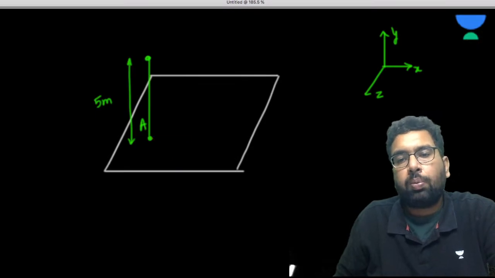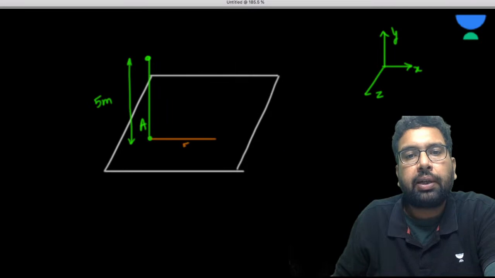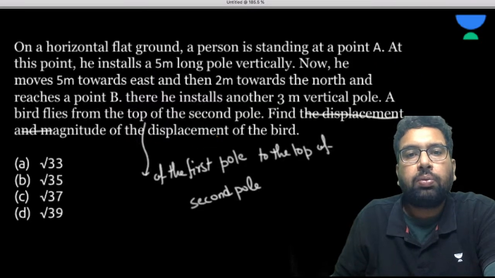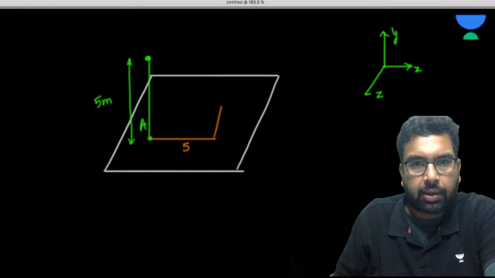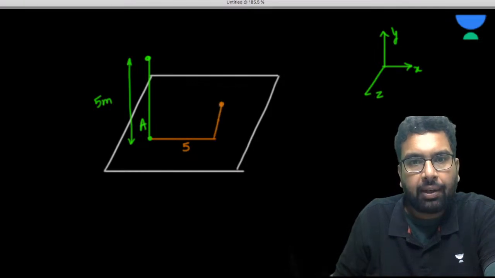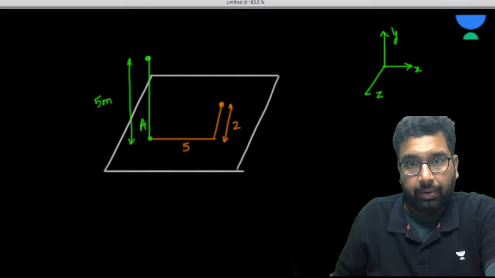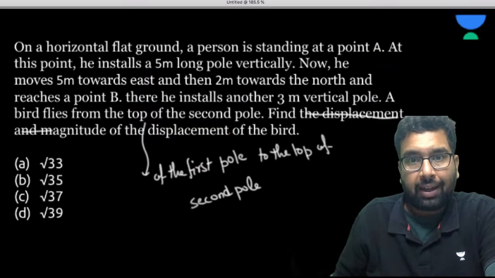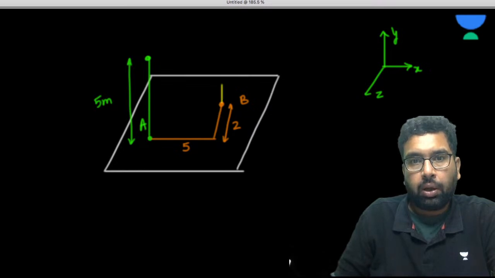How much has he moved towards the east? He has moved 5 meters towards the east, and then 2 meters towards the north, and reaches point B. So this is going to be your point B, and here he installs another pole of 3 meter height.